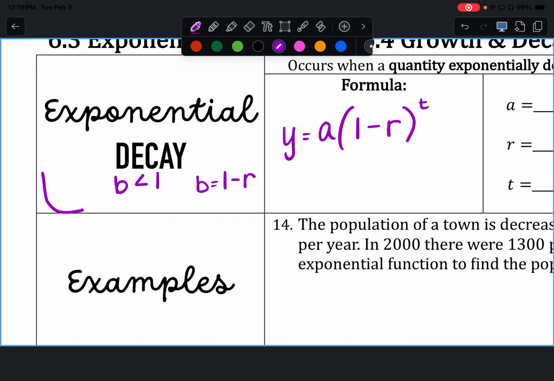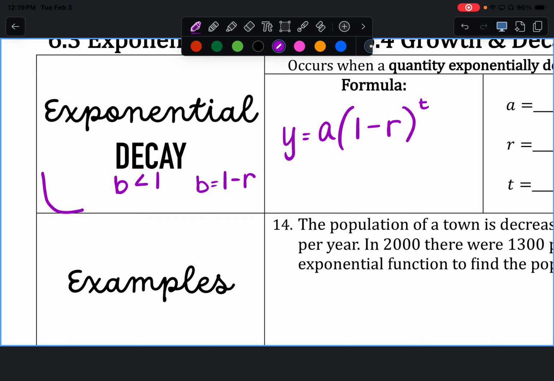So A is still our initial value. R is our decay rate. And T is still our time. The only difference is that we're subtracting whenever we have exponential decay. Just like with exponential growth, there are some words that are dead giveaways that we're looking at decay.